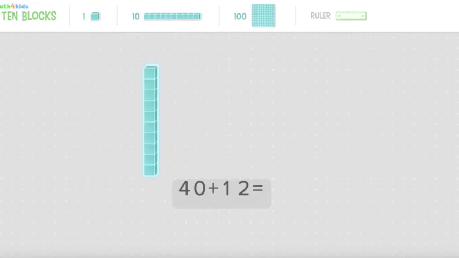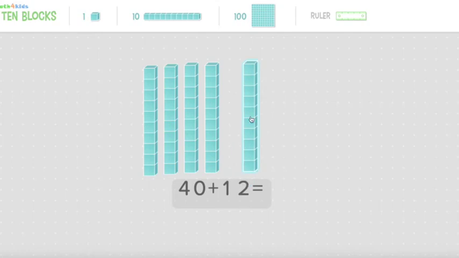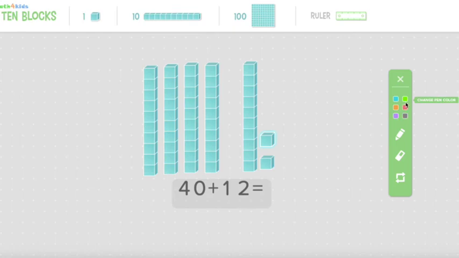10, 20, 30, and 40. Good job. Now the next one is 12. So I again need to put tens and ones showing the number 12. So 10, 11, 12. So now we need to know what 40 plus 12 is by counting my tens and ones in all.